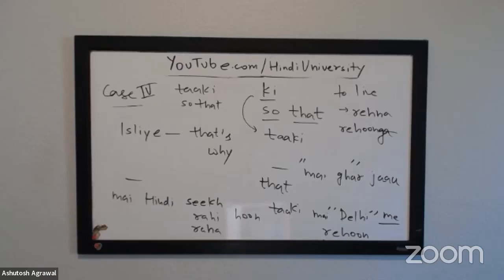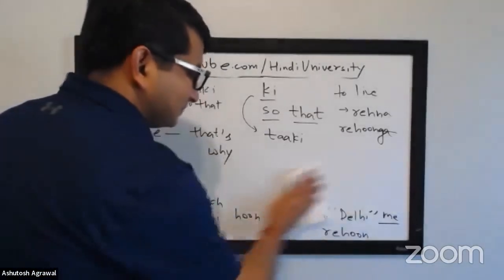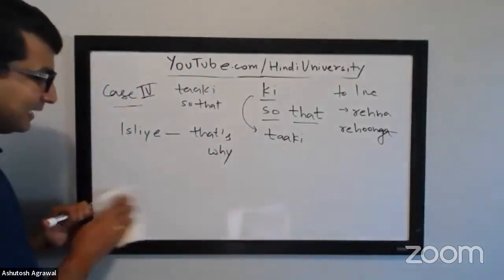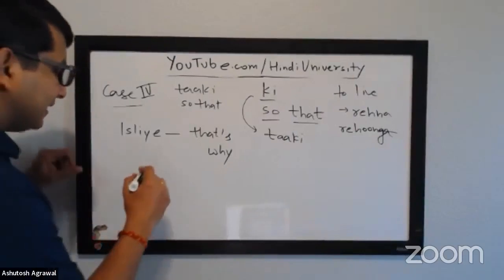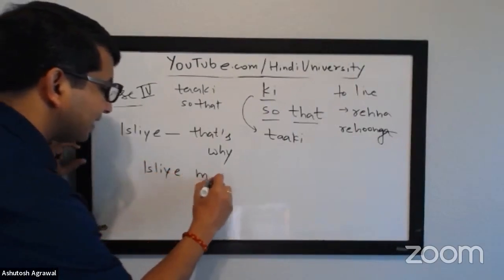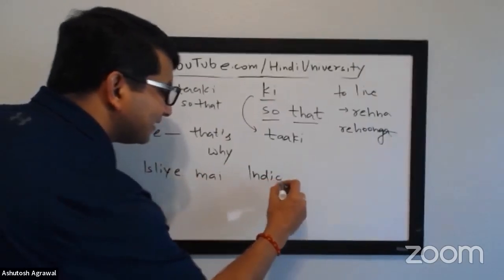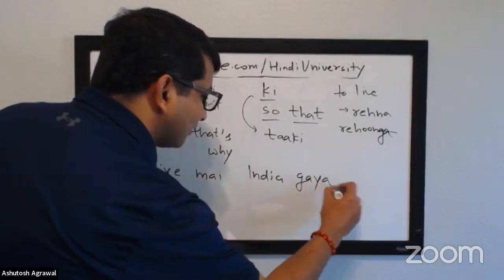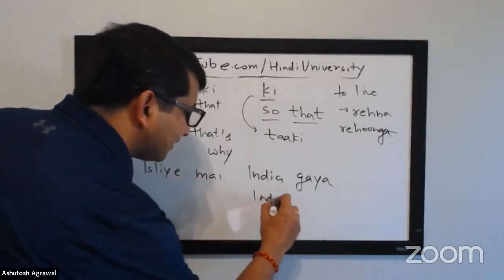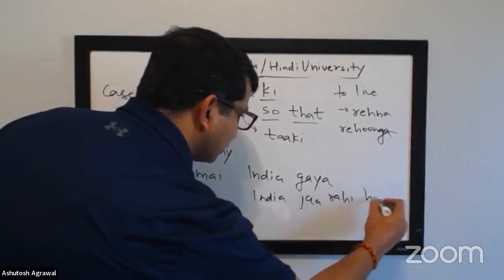Well, I mean, isliye is like "because of". Yeah, that's right. So इसलिए मैं, for example, because of this, इसलिए मैं इंडिया गया. Okay, और इसलिए मैं इंडिया जा रही हूँ.